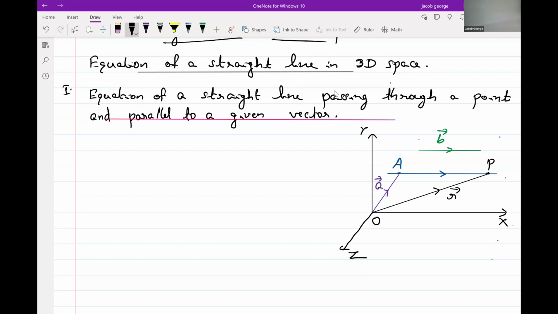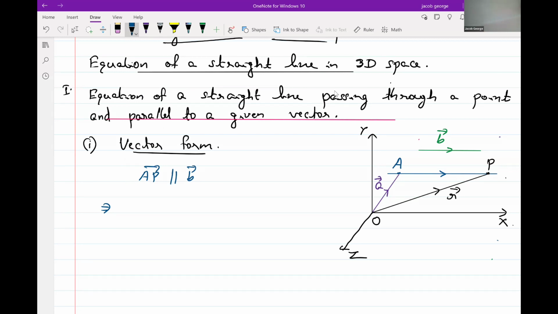Now using these, we are going to write the vector equation using position vectors. Okay, so let's write the first one, vector form. From the figure, vector AP is parallel to vector B. All of you know when two vectors are parallel, how do you connect these two by an equal to sign?